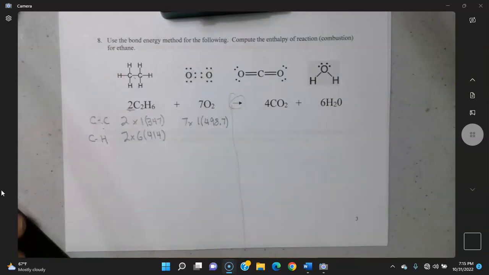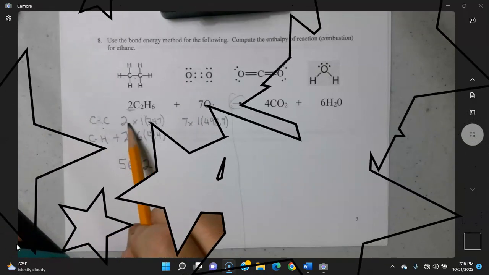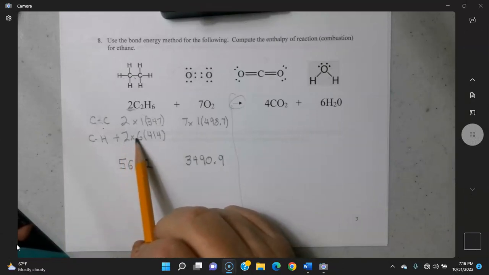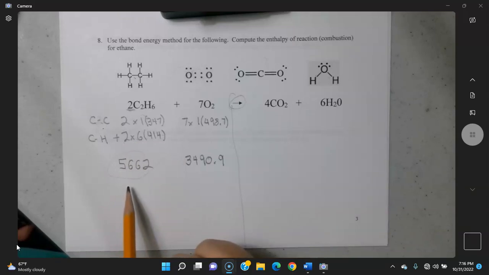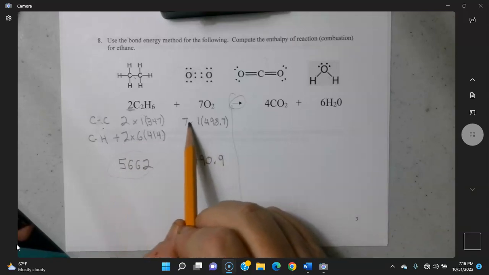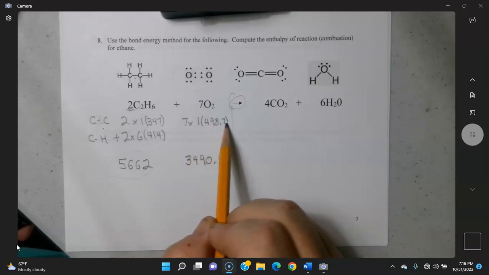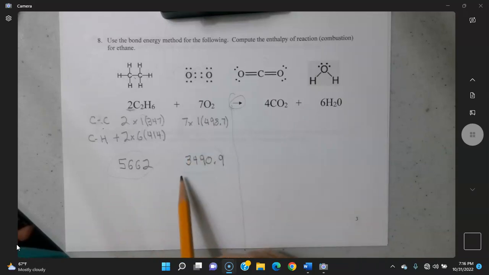Okay, so I'm going to go ahead and do the math on that. Let's go ahead and do that. Okay, then when I multiply 2 times 347 and add that to 2 times 6, which is 12 times 414, I get 5,662. For this one, it's 7 times 1, 7 times 498.7, and you get 3990.